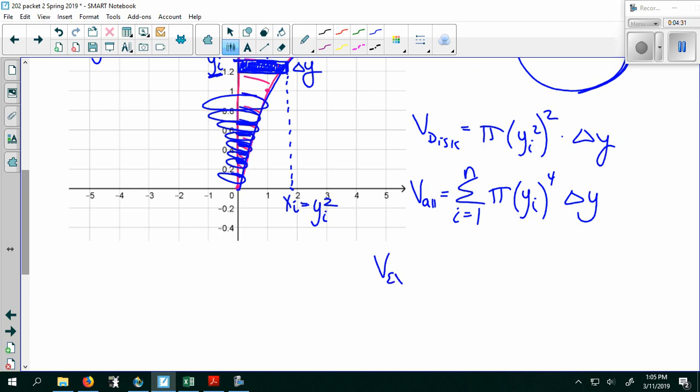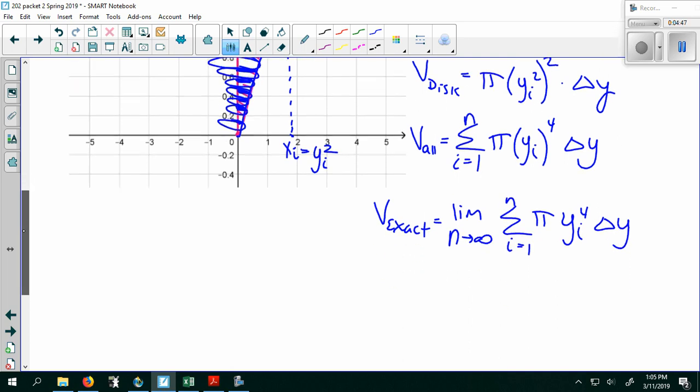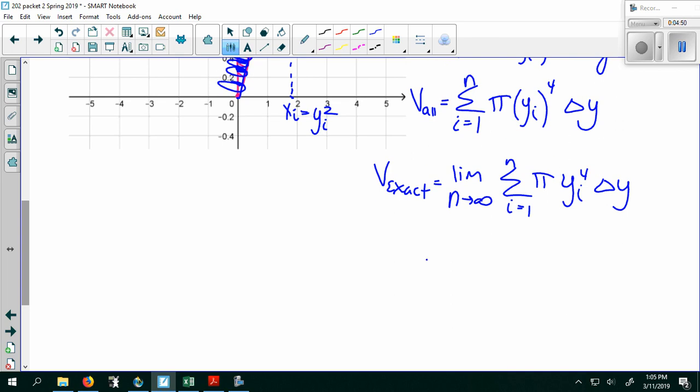So my exact volume is the limit as n goes to infinity of the sum of pi times y sub i to the 4th delta y. And that is the definition of an integral. It's a limit of a Riemann sum. So this is the integral, and to translate, I drop the subscript i, and this becomes pi y to the 4th, and delta y becomes dy.